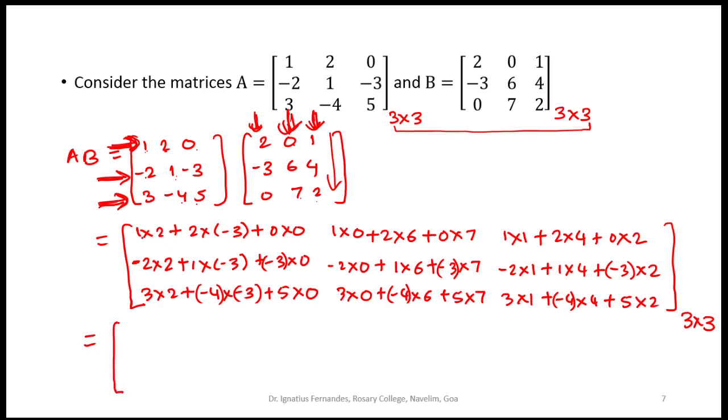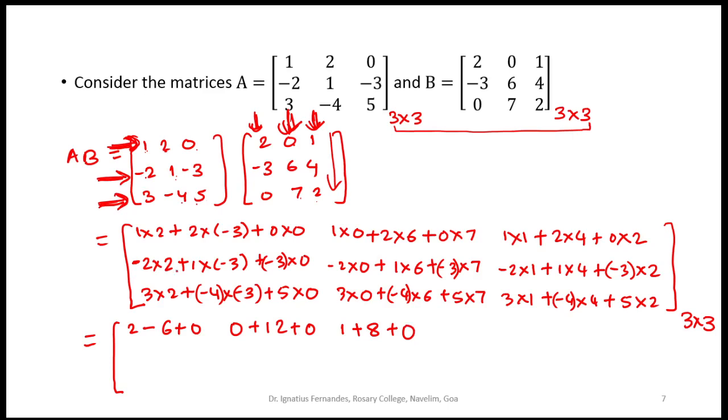So 1 into 2 is 2, okay, minus 2 into 6 plus 0. Here I have 1 into 0 plus 2 into 6 plus 0 into 7, that is 0. Here I have 1 plus 2 into 4 is 8 plus 0 into 2.